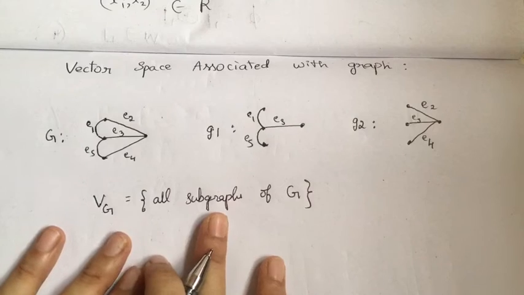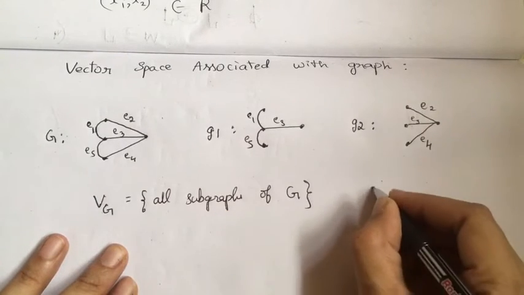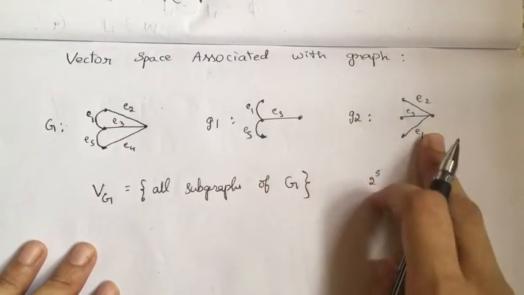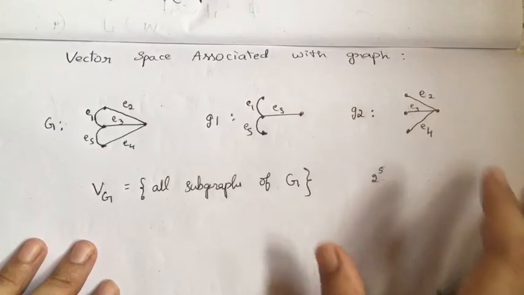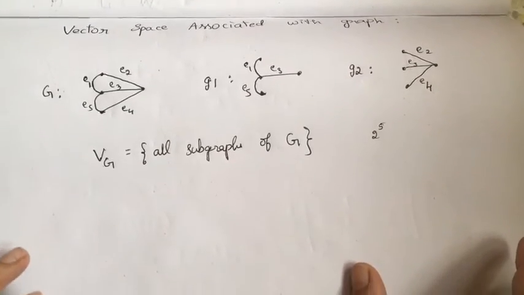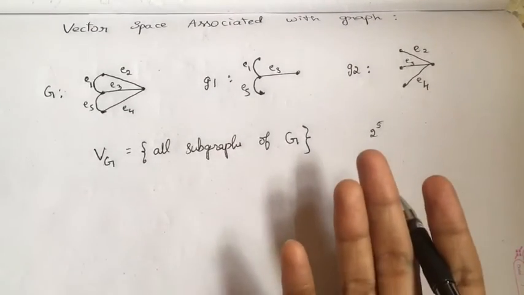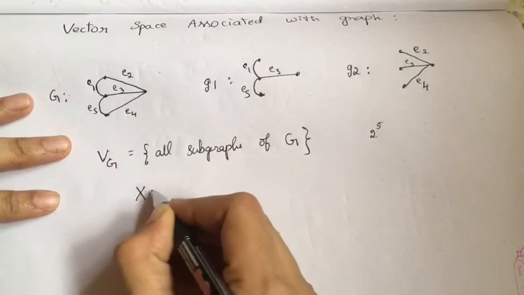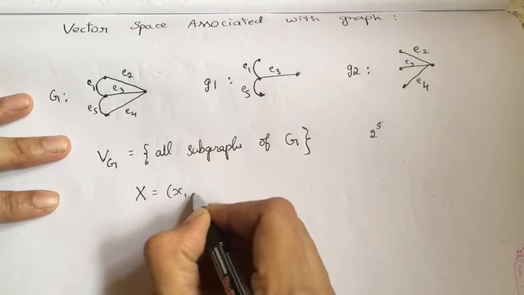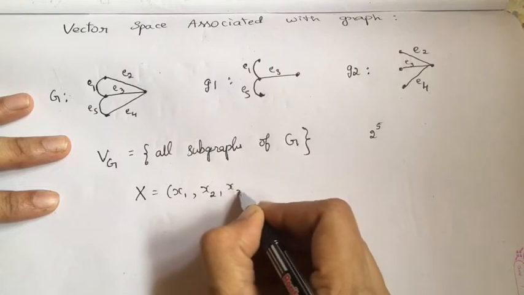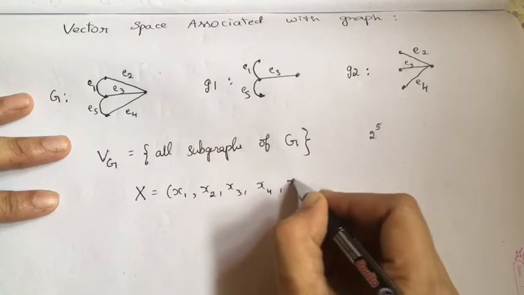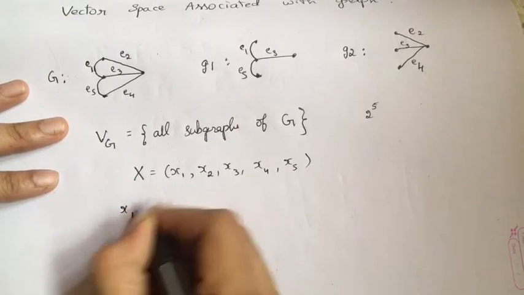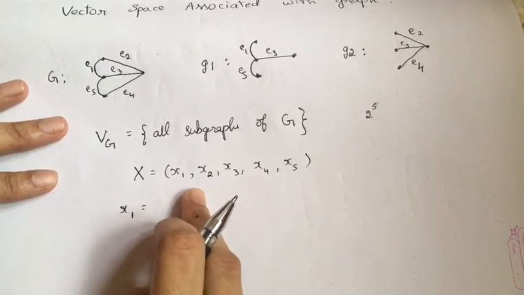In fact, how many subgraphs are there? 2 to the power 5 subgraphs are there. Now say this is G1, G2, there may be many more, I am just taking 2 in this case. Now I am representing these subgraphs using the 5-tuple, like this: x1, x2, x3, x4, x5, such that each entry xi is defined over a Galois field.